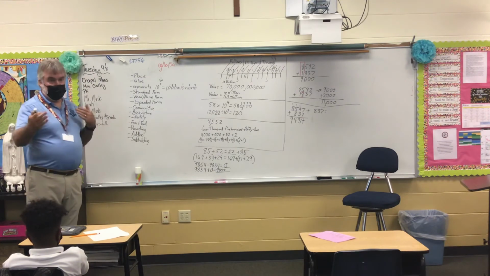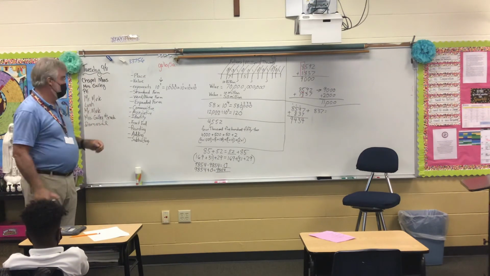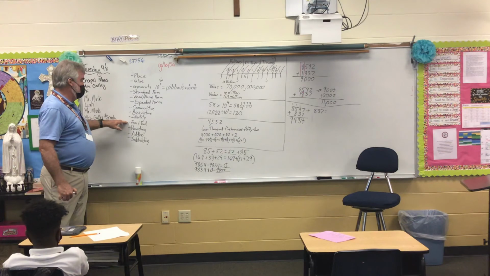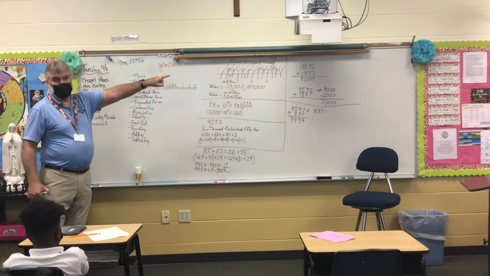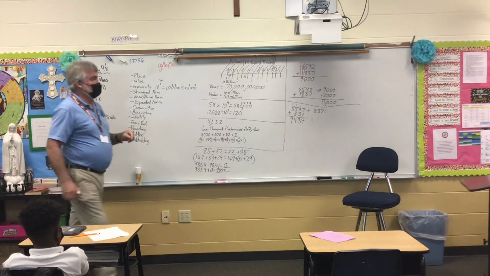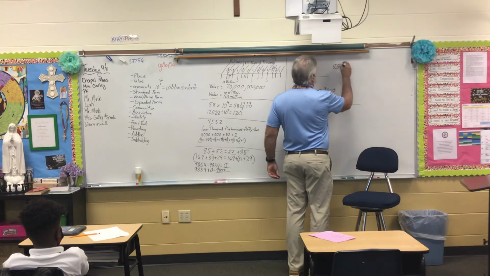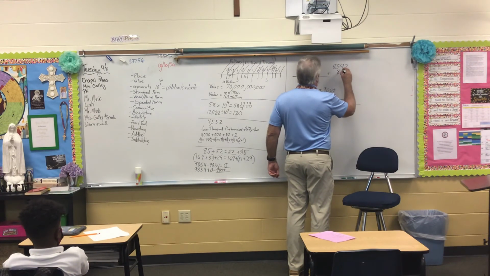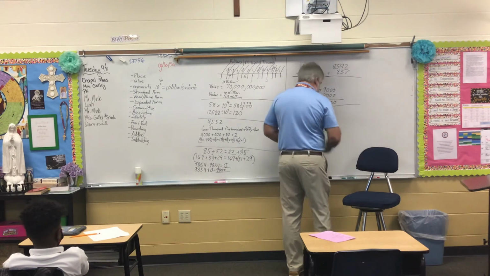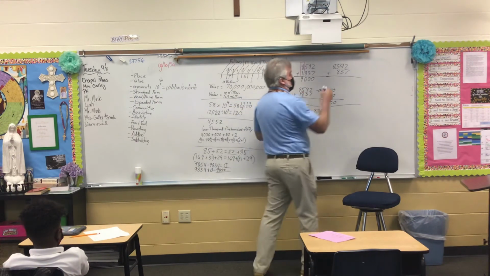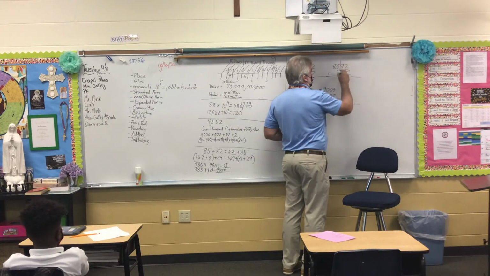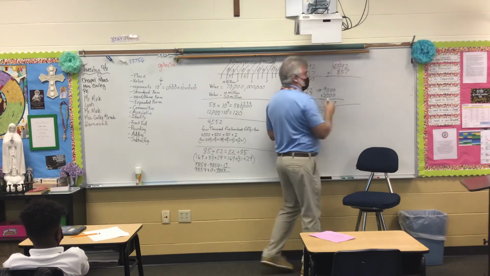Adding or subtracting. Then you had your front end estimation using the front number. Remember, if you have 8592 plus 837, in that case you're going to be looking at the first two.